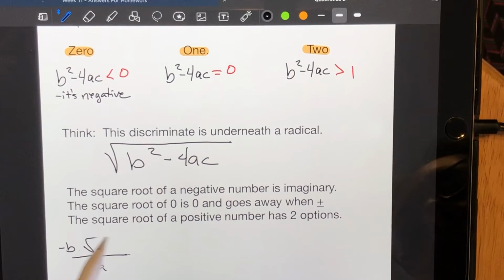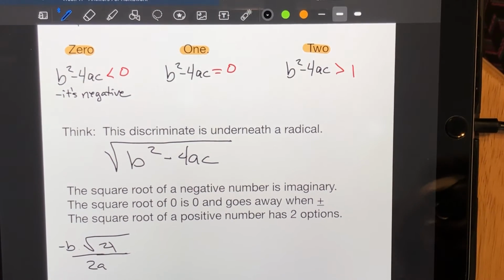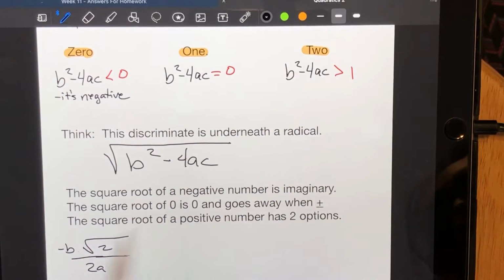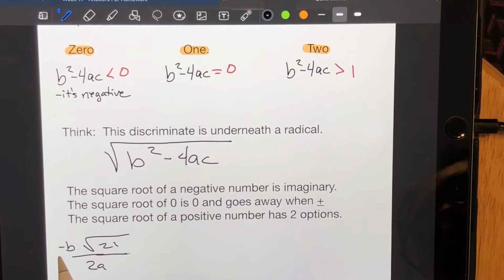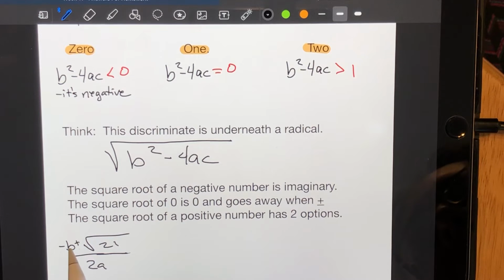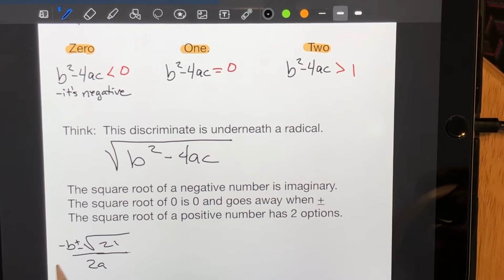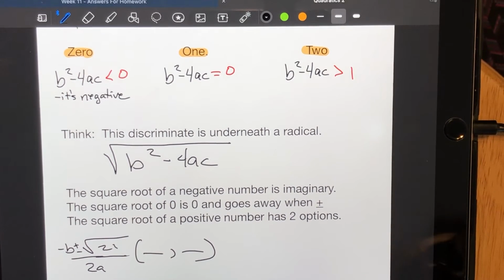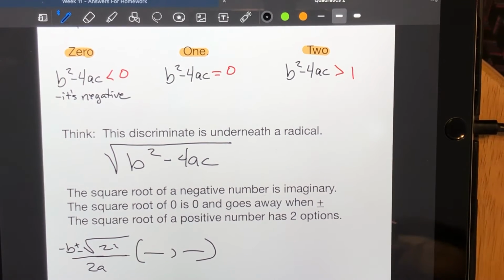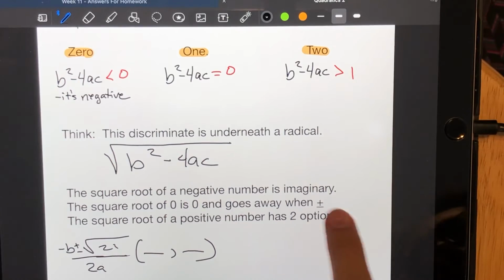But when I end up with a real number underneath, I meant for that to be 21, then I have a number plus my term underneath the radical, and I have it subtracted. So I have both a positive and a negative form of it, which will give me two separate answers. So when it's positive, I will have two solutions. So that's how the discriminant works.